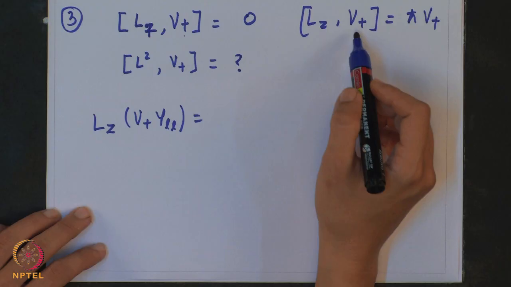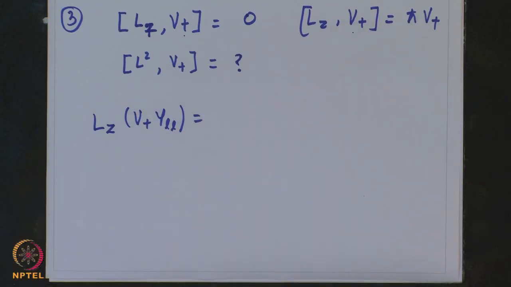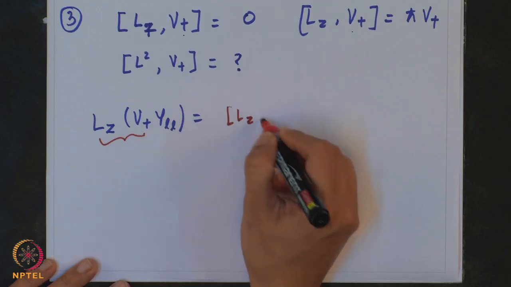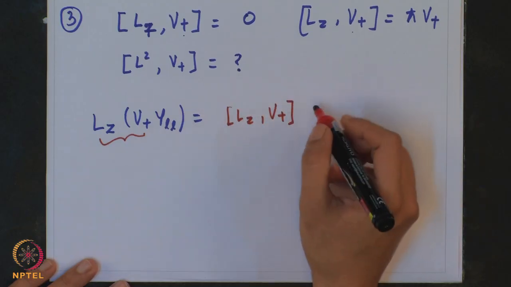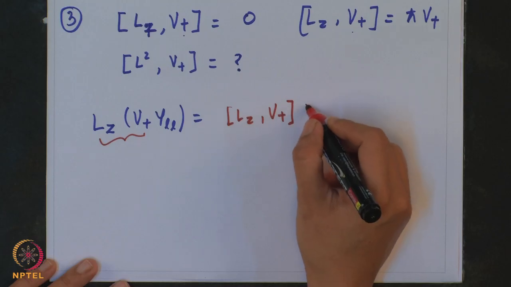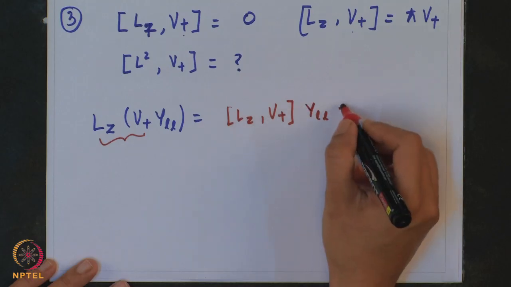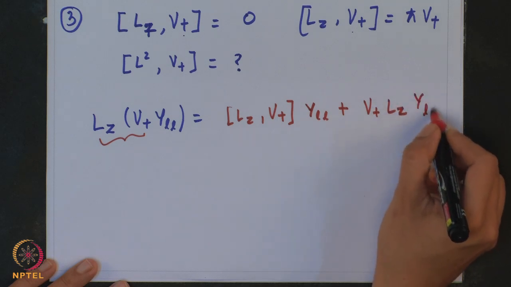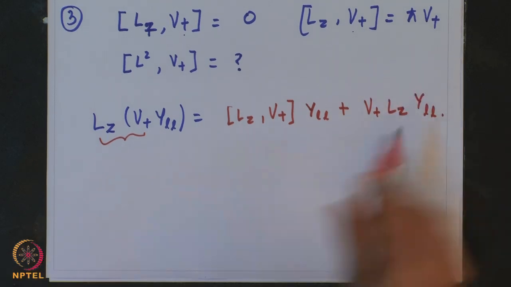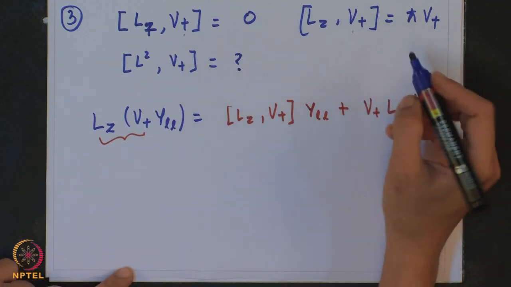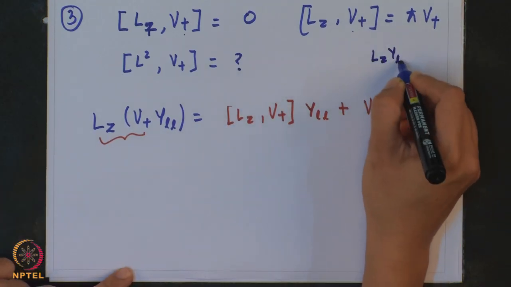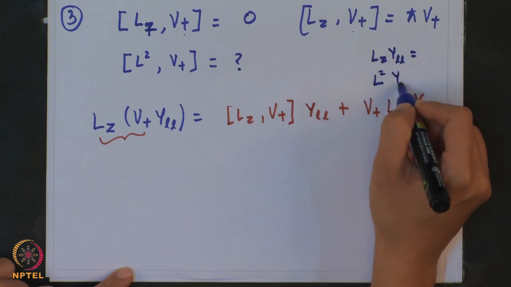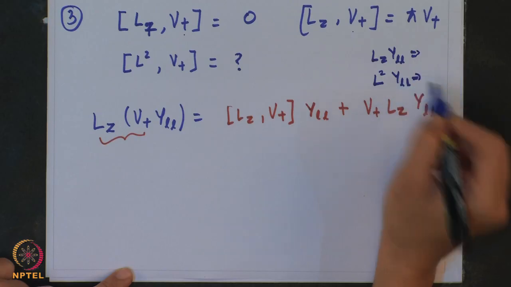Now, since you know this, the hint here would be to rewrite this as Lz V plus acting on |Y L L>. We know the relation of Lz on |Y L L>.